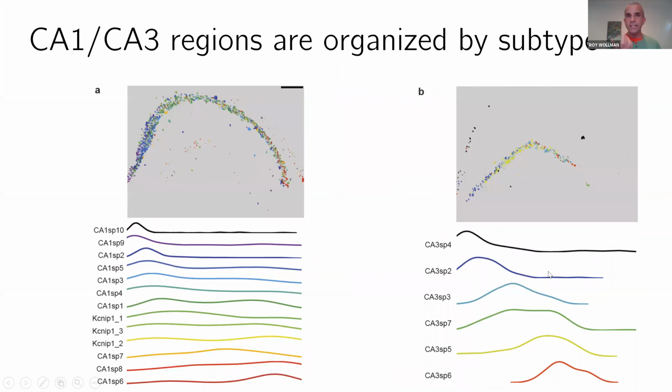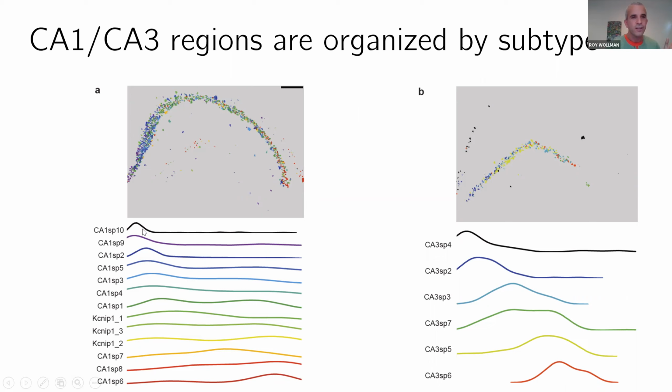Okay, and what was really interesting is that we started to look not at those high-level types, CA1, CA3, and DG. We really tried to delve down into those really small subtypes that the Allen people defined. I'm showing you here two examples, for the CA1 region and the CA3 region. What was really interesting to see is that those specific neuronal subtypes are really organized in space, from side to side.